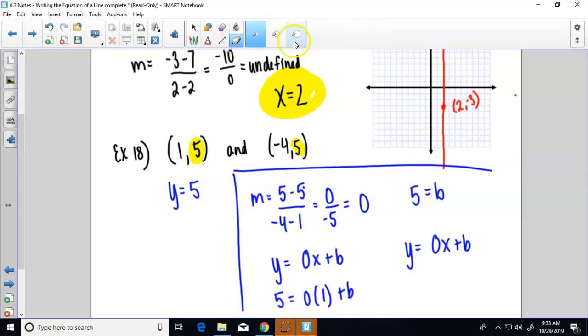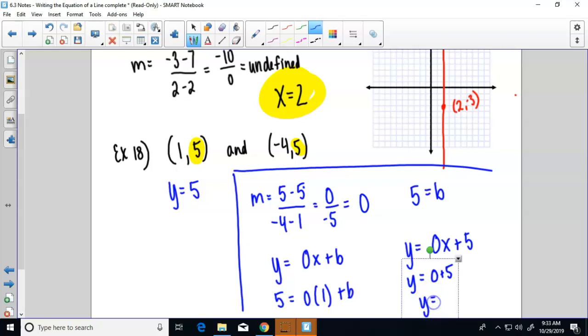I'm sorry, I keep forgetting to plug that back in. But what is 0 times x? The 0x is way worse than leaving 1x, in my personal opinion, because 0 times x is 0. So this is 0 plus 5, which is just y equals 5. Leaving y equals 0x plus 5 is technically correct, but you really don't look like you know what you're doing if you leave 0x plus 5 there.